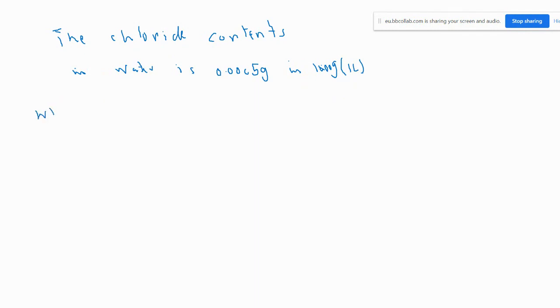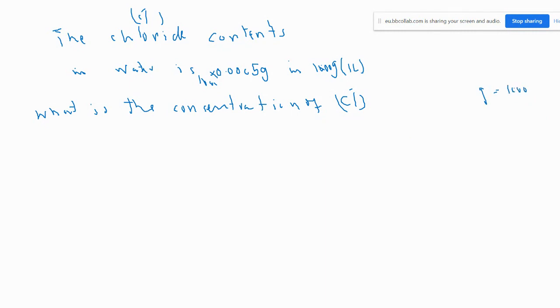So what is the concentration of chloride? Chloride means Cl negative. If I multiply by 1000 to make it milligram, since 1 gram is equal to 1000 milligram, you will say 0.5 milligram.